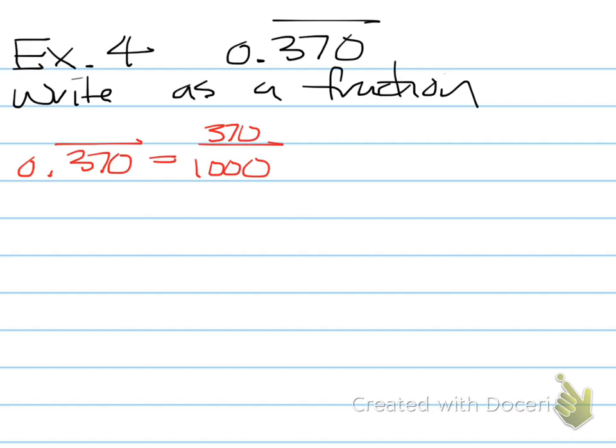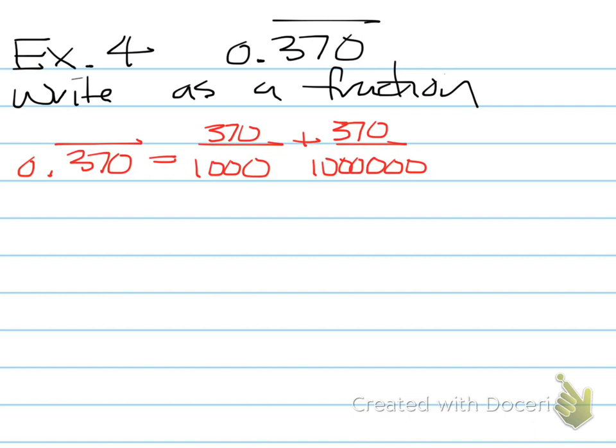And then after that, you would have 370 again, and that second 0 is going to actually be in the 1 millionth place.